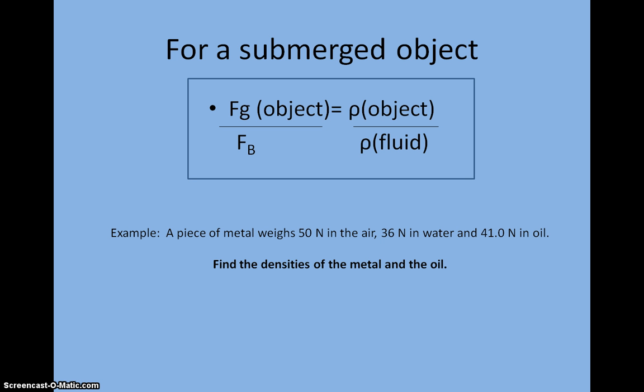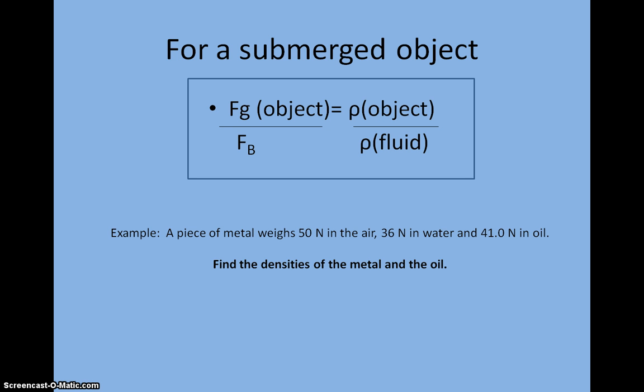So the last thing that I want to show you is this, and this is going to be used in one of your labs. So this is the idea of using apparent weight and actual weight and buoyancy in order to figure out unknown densities of submerged objects, or the density of the fluid in which the object is submerged.